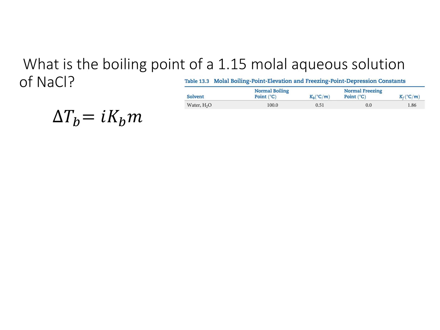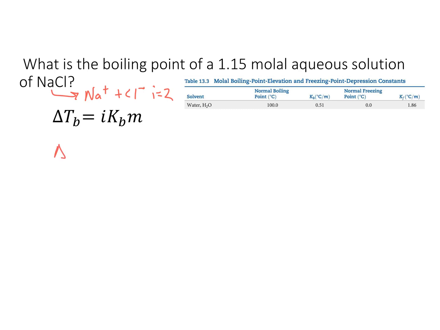So here's a calculation for you. What is the boiling point of a 1.15 molal aqueous solution of sodium chloride? Given that the change in boiling point equals my Van't Hoff factor, so I've got sodium chloride. That's going to ionize into sodium and chloride. My Van't Hoff factor equals 2.